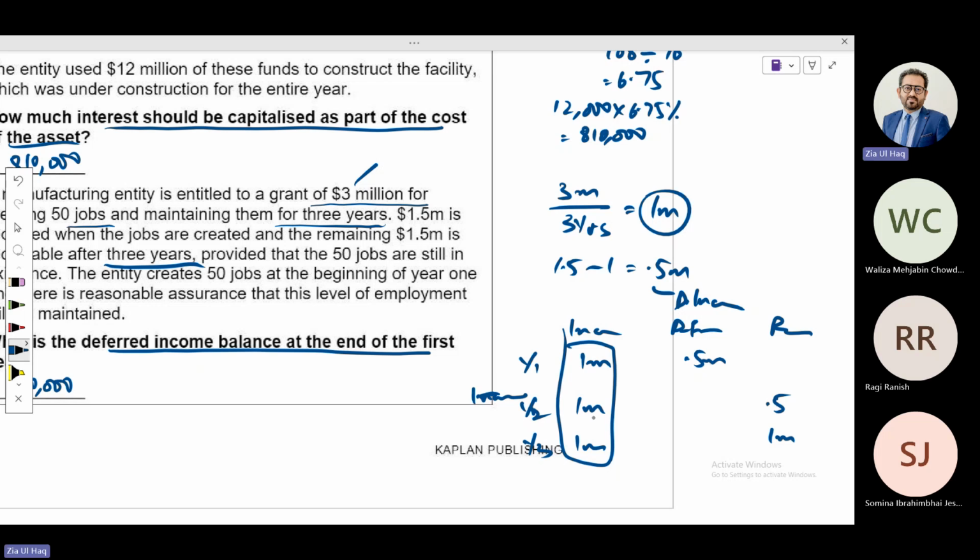The remaining 0.5 million that you have recorded as income, you need to record as receivable, meaning it needs to be received from the government. And in year 3, you will record 1 million income. But what is receivable from government? That 1 million plus 0.5 previous, so 1.5 million will be receivable, that you will receive after year 3. But every year, what do you charge? 1 million income.